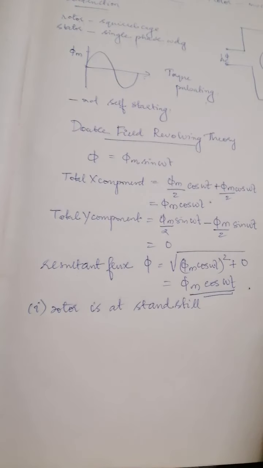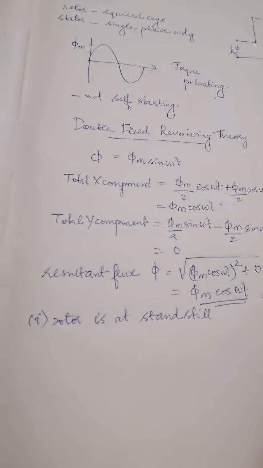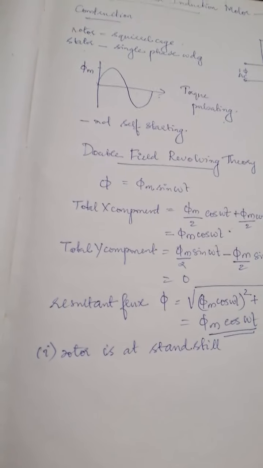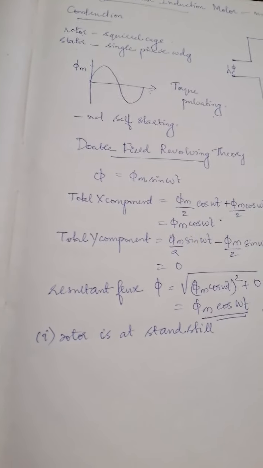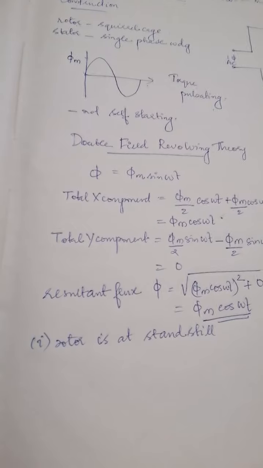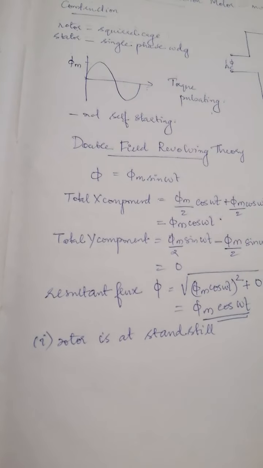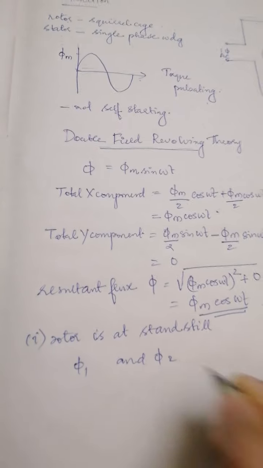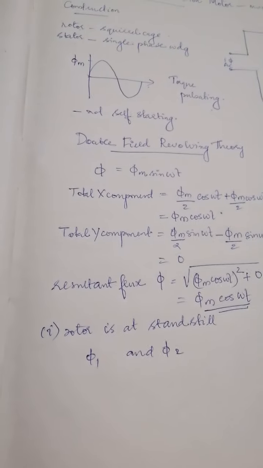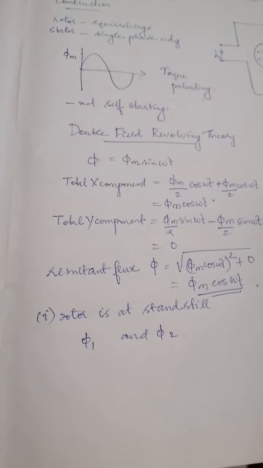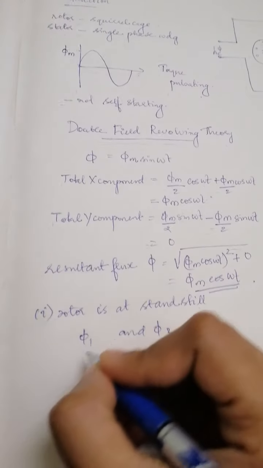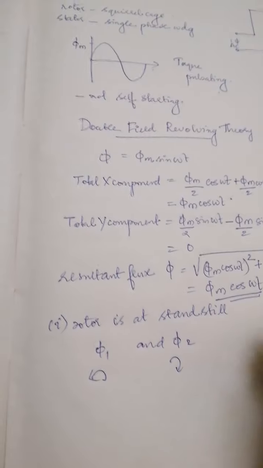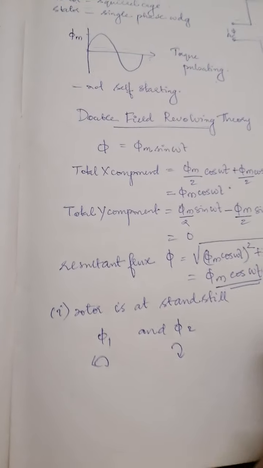Consider that the rotor is stationary. Then the stator is fed by a single phase supply, and the alternating flux produced by it is represented as the sum of two rotating fluxes, phi 1 and phi 2, each with magnitude phi m by 2 and rotating in opposite directions. Now let phi 1 rotate in anti-clockwise direction and phi 2 in the clockwise direction.